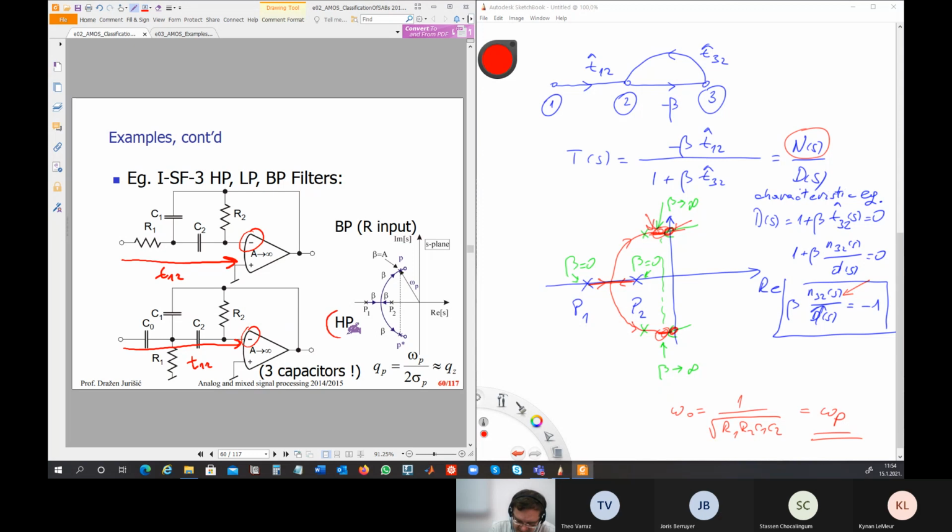So that's why this is a high pass filter, and that's why this is a bandpass filter. You just have to look at the path of the signal. As you see, A is equal to beta, and it's going to infinity. So this beta here is indeed the gain of our open loop amplifier.